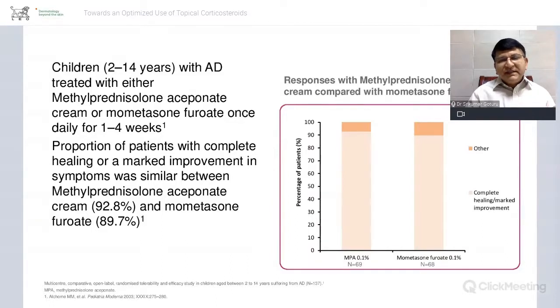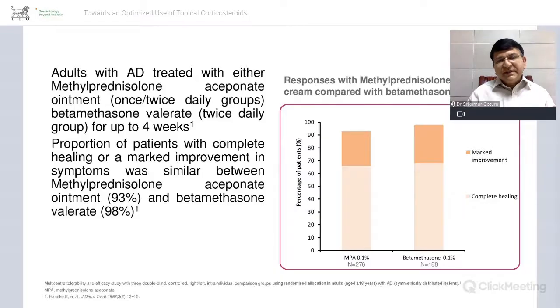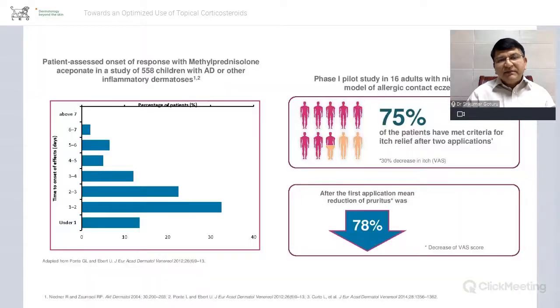You can see definitely methylprednisolone aceponate seems to be better than mometasone furoate. And if you compare methylprednisolone aceponate 0.1% to betamethasone 0.1%, again you can see that it's almost similar. Maybe betamethasone may be slightly better, but when you look at the speed at which methylprednisolone aceponate responds, you can see it right from day 1, day 2.